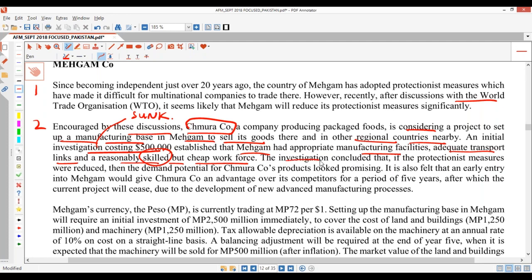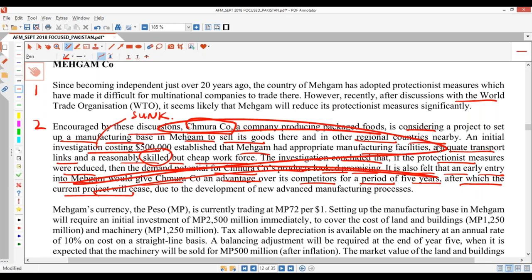The investigation concluded that the protectionist measures were reduced. Demand potential for Komura products looks promising. It also feels that an early entry into MEGAM would give Komura an advantage over the competitors in 5 years, after which the project will cease.